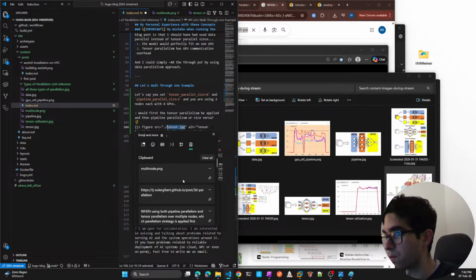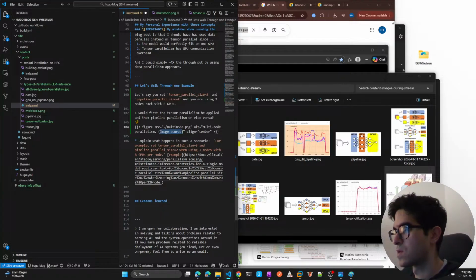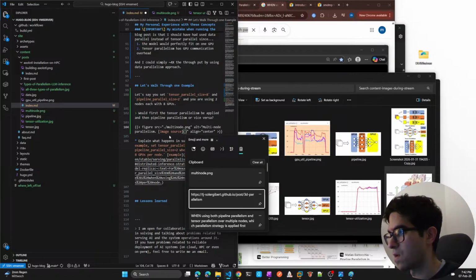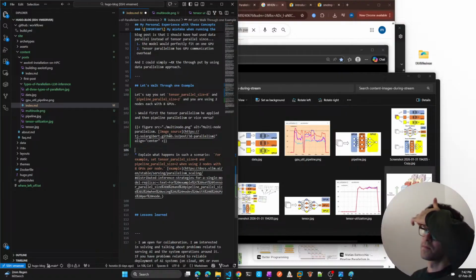The path would be, of course, this one. Multi-node parallelism image source. Oops. Okay.